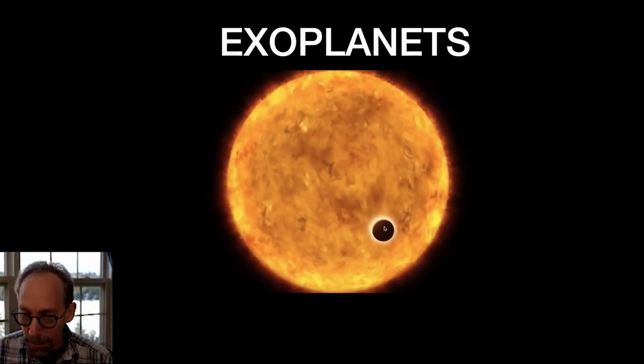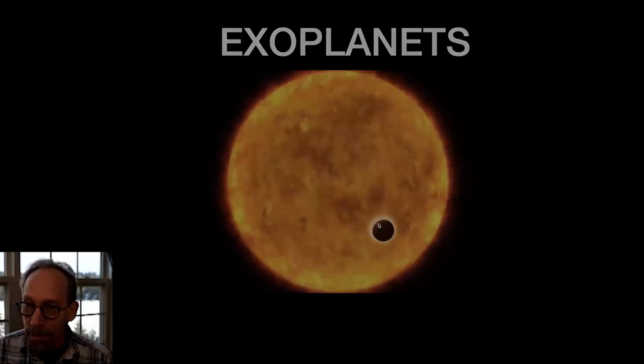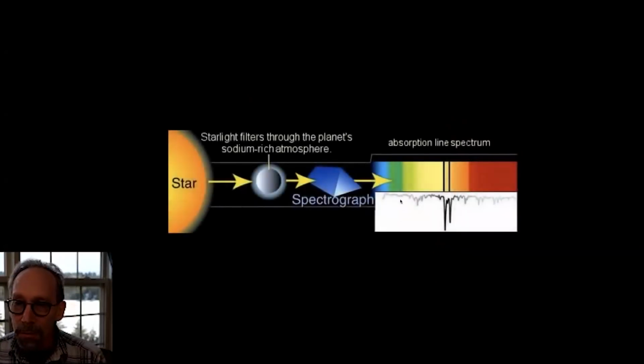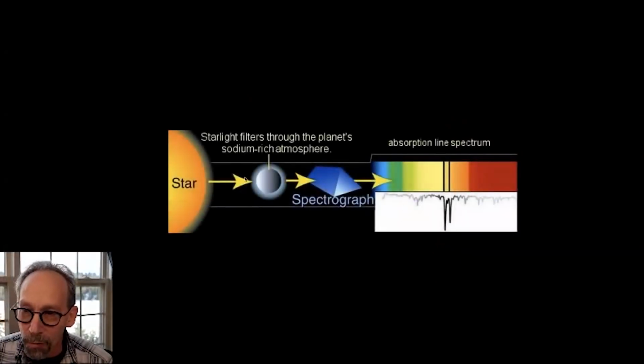Now, when a planet goes in front of a star, its atmosphere will absorb light from the star that's behind the planet. And this has already been used to see one particular sodium-rich atmosphere of a planet.